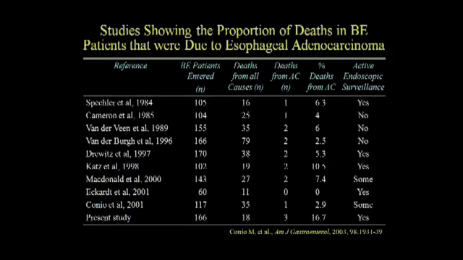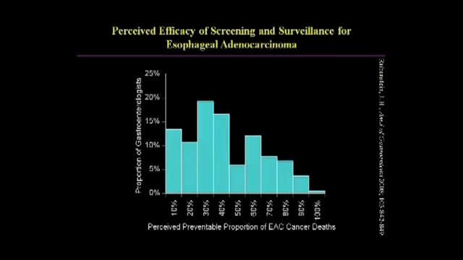Now we're looking at the denominator and not necessarily the numerator, and therein lies the genesis of some skepticism about whether surveillance, let alone screening, for Barrett's esophagus is an issue.